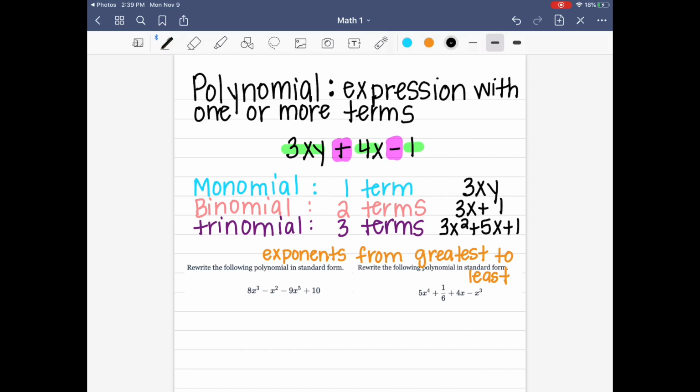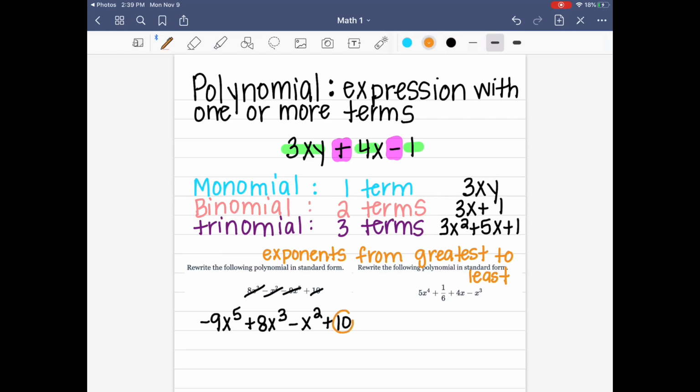So when I'm looking at this one, my largest exponent goes with the negative 9x to the fifth. So we're going to start with that one. So we brought that term down. The next one is going to be 8x to the third. So we're going to write that one next. Then minus x squared, and then plus 10. My constant is always going to be the last one.